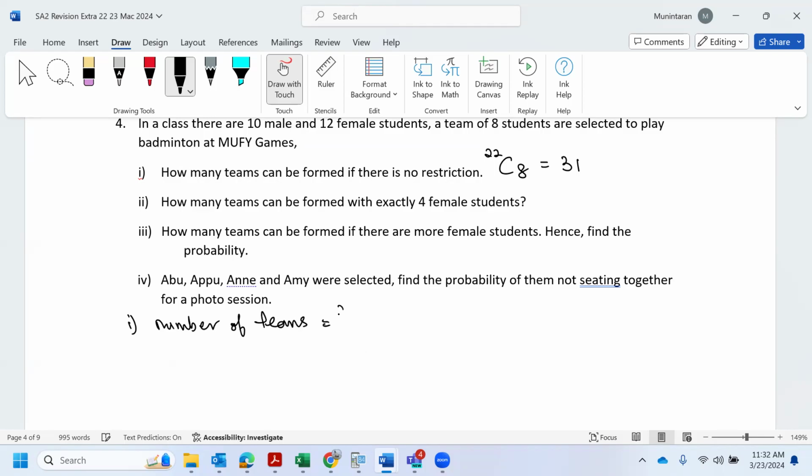We have all 22 people, you want to choose only 8, and that will give you 319,770 different teams.